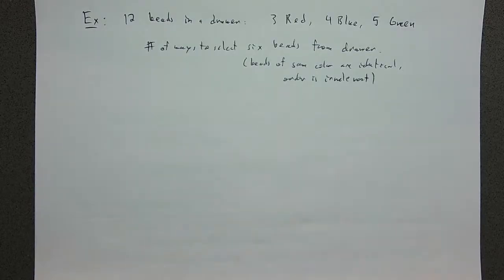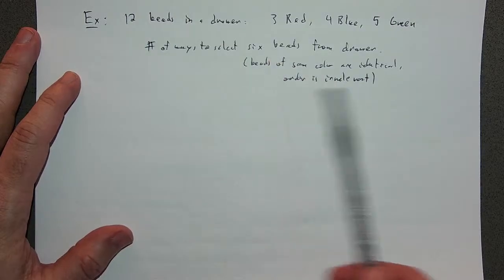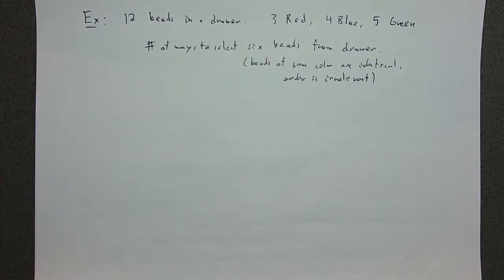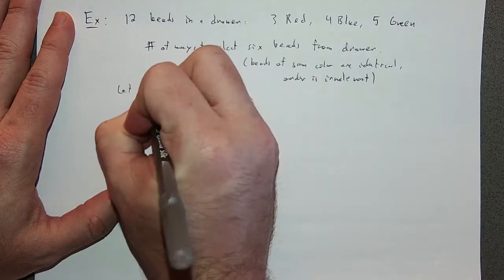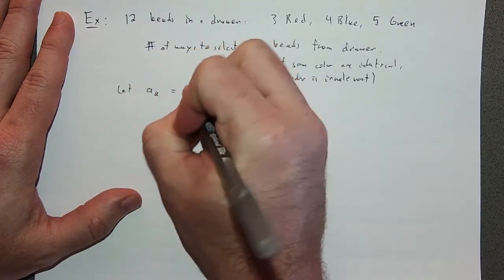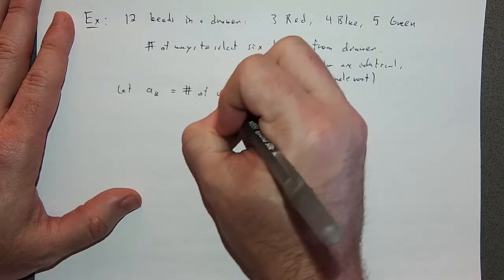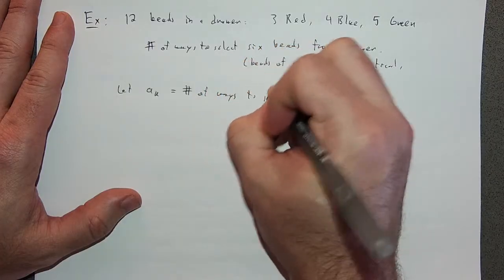So this matters. The beads of the same color can't be distinguished, and the order is irrelevant. Okay, so those things being equal, what's the number of ways to select 6 beads from the drawer? Let a sub k be the number of ways to select k beads from the drawer.